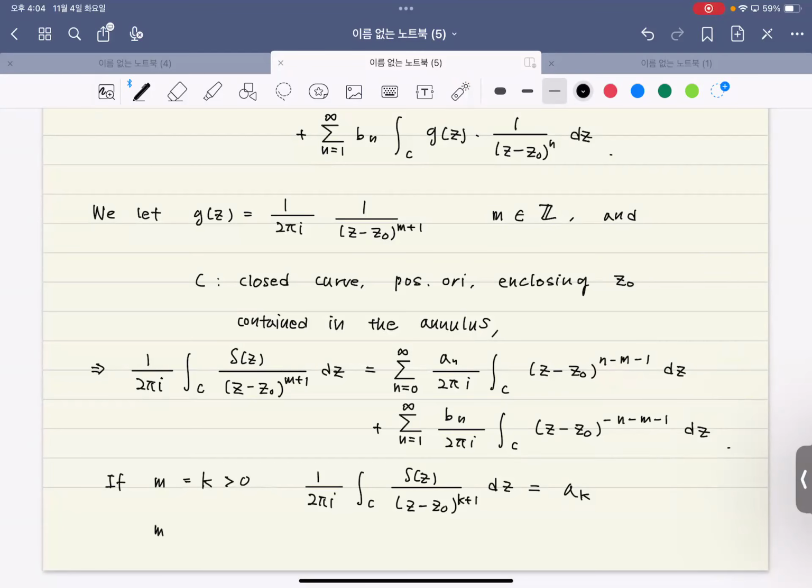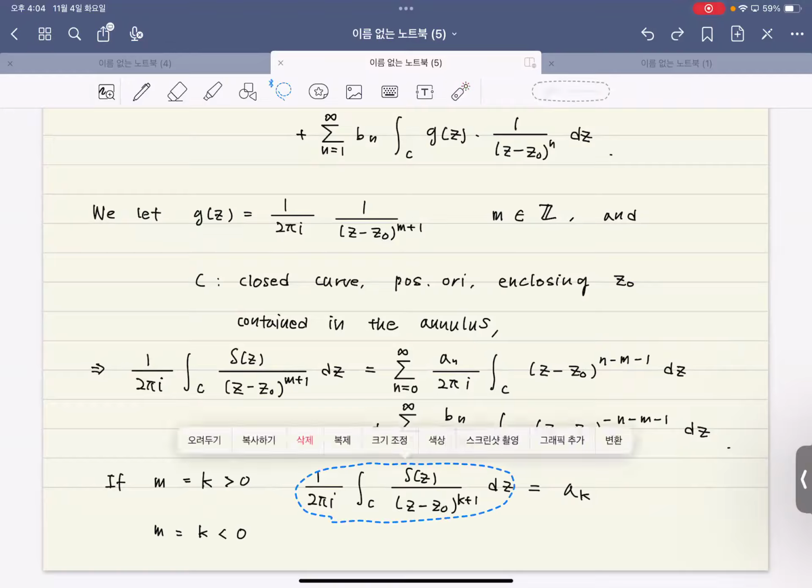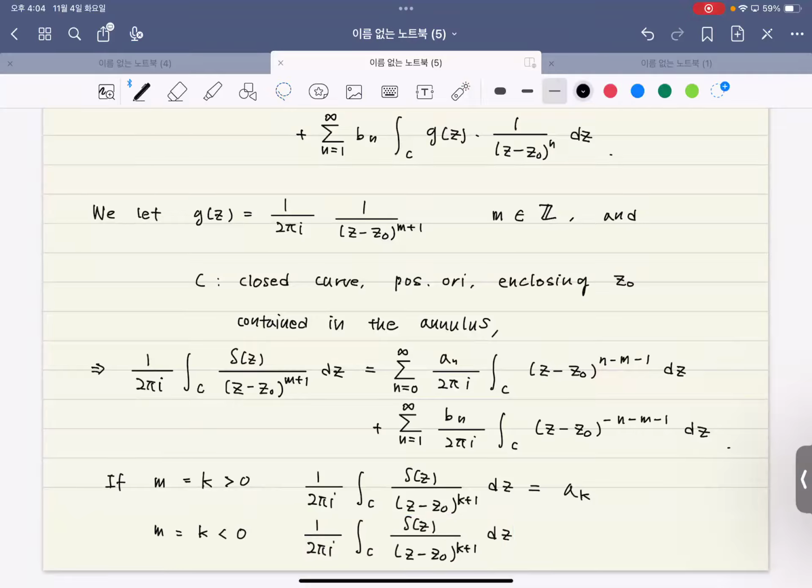So this one has to be a_k, right? And if m is a negative integer, then this is only true for n equal to minus k, then the only non-zero term happens when n equals k, and this gives b_k, right?